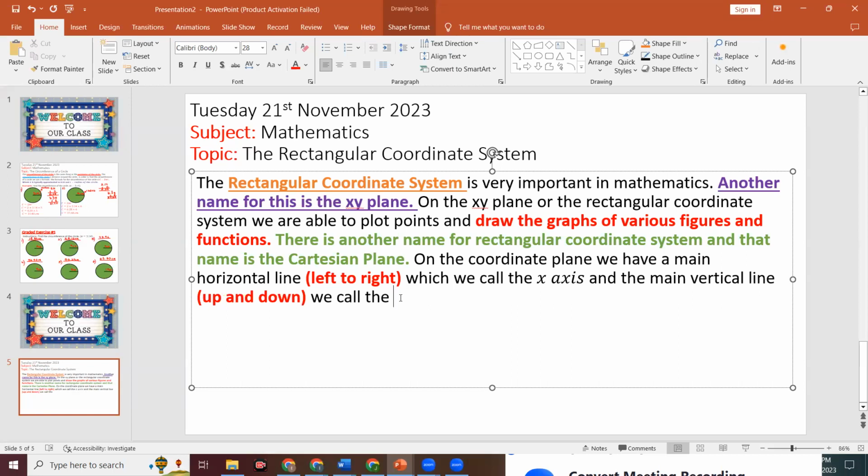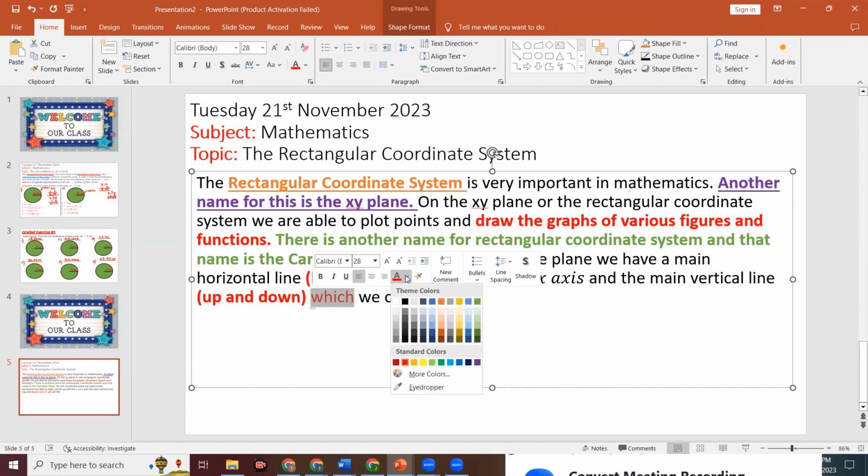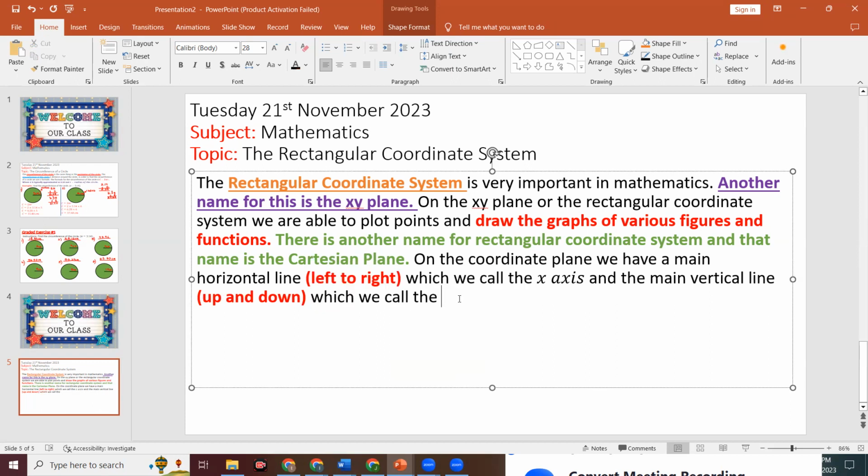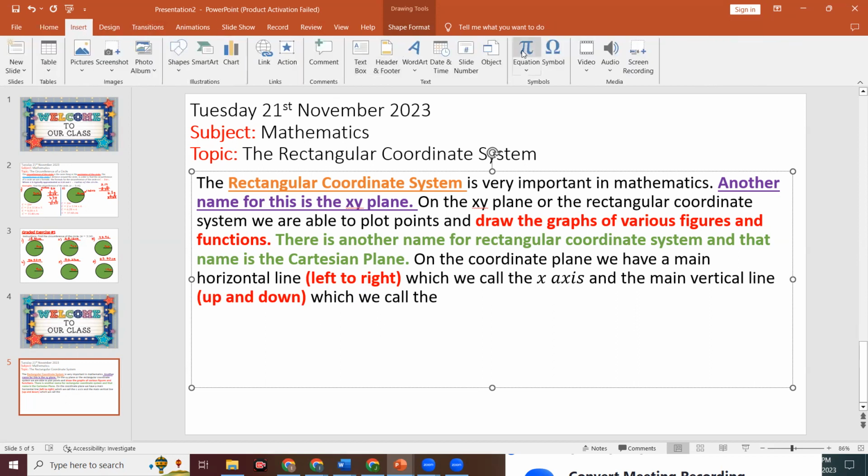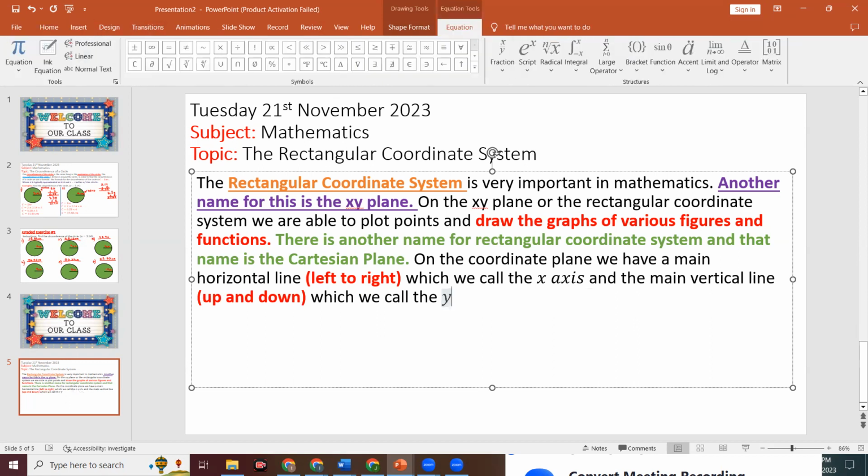So on the coordinate plane, we have a main horizontal line which goes left to right, which we call the x-axis, and the main vertical line goes up and down, which we call the y-axis. Good.